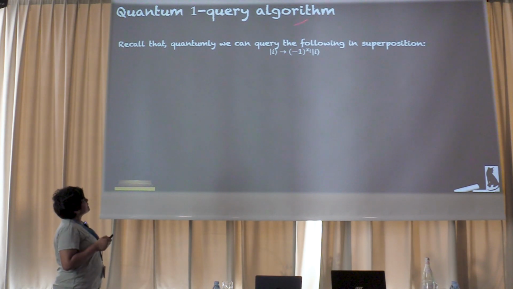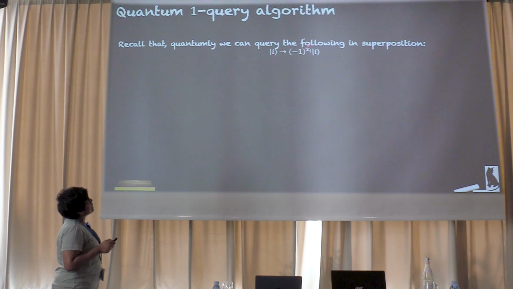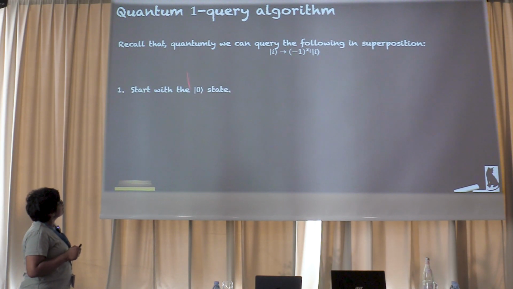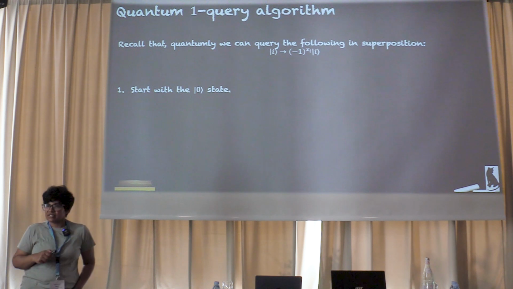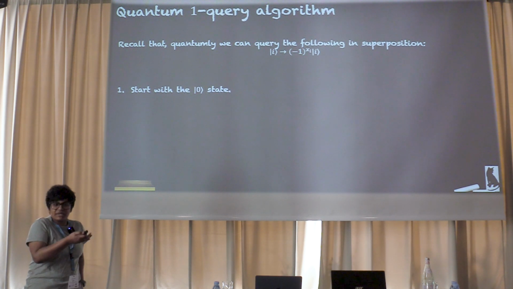Now recall, how can we access the input quantumly? We can take index i and put it as a phase, (-1) to the power of x_i. So I'm going to start with a single qubit in the 0 state. That is not input dependent, it is not knowing anything about the input.